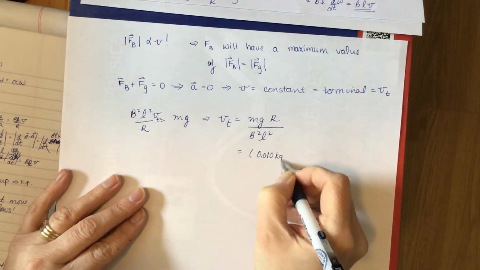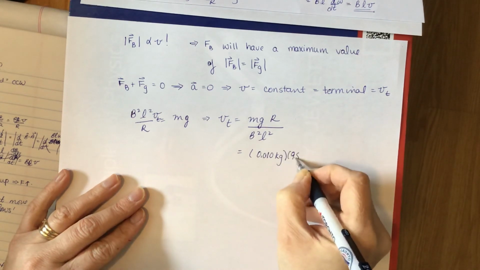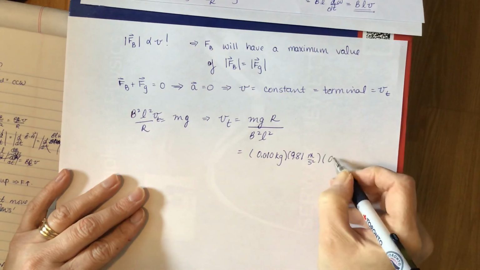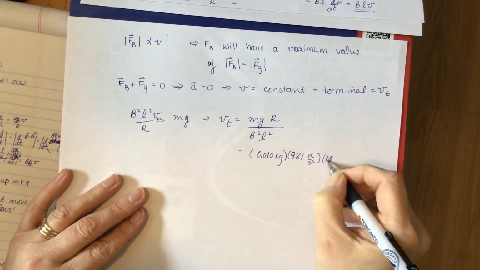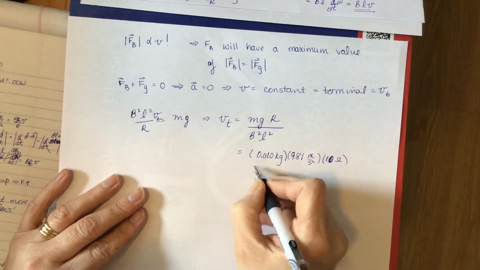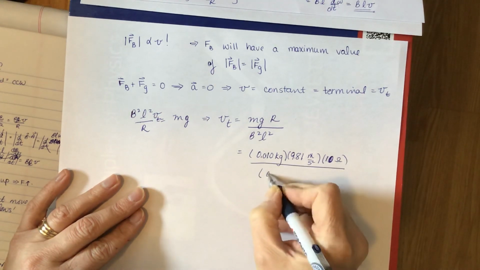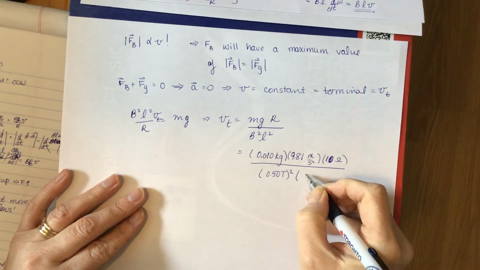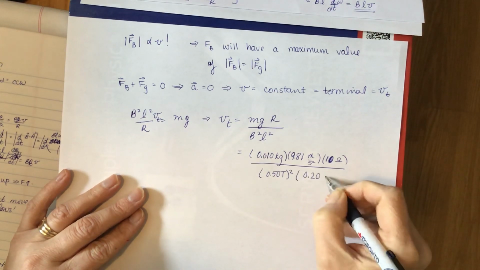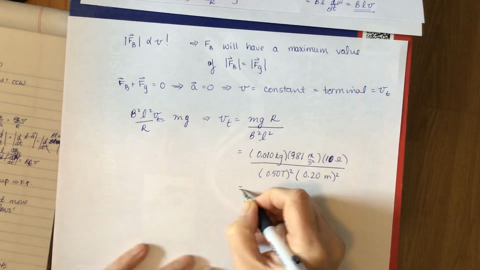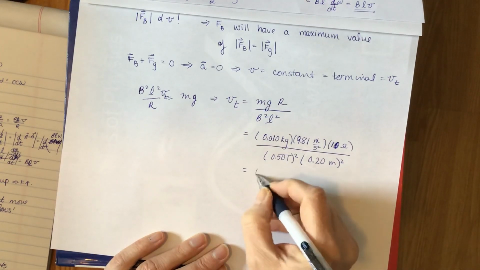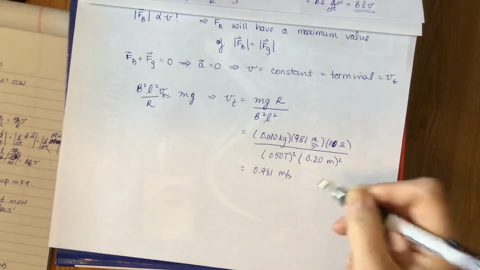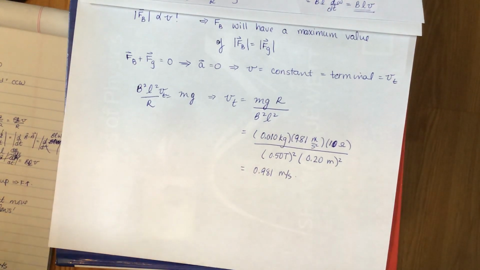So we'll put in our mass of 10 grams times g, 9.81 meters per second squared, times the resistance, which is 10 ohms, divided by our magnetic field, 0.5 Teslas squared, divided by the length squared. The length is 20 centimeters or 0.2 meters. We get a terminal velocity of 0.981 meters per second, about 1 meter per second. So that's how fast that's going to slide.